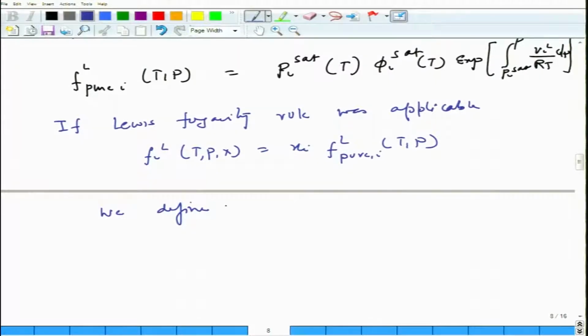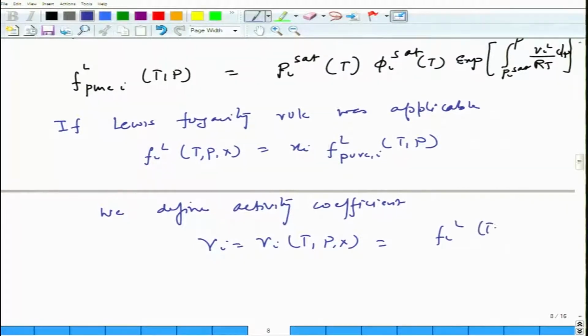So, this we defined as the activity coefficient, gamma i(T,P,x), which is nothing but fiL(T,P,x) divided by the fugacity of pure liquid i at T and P, as well as xi.